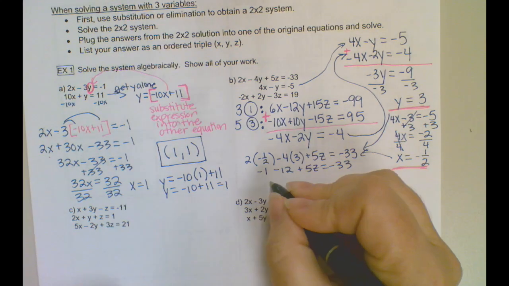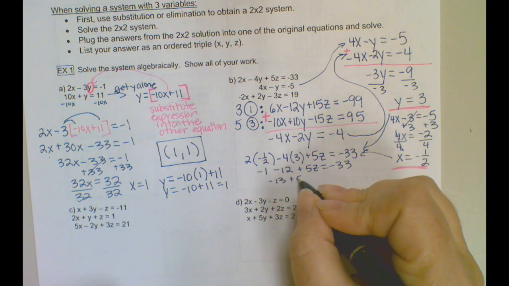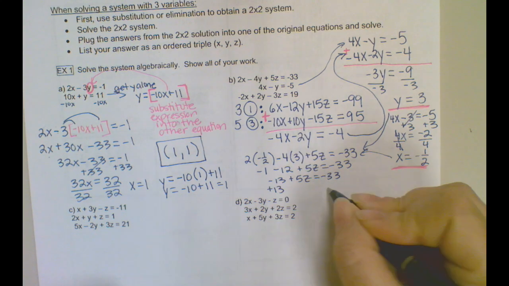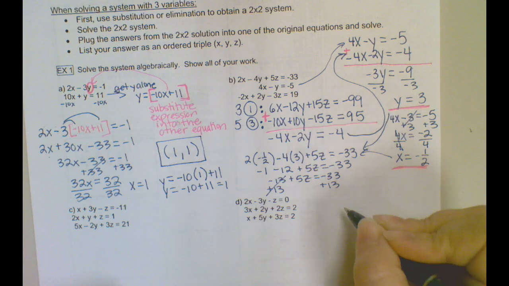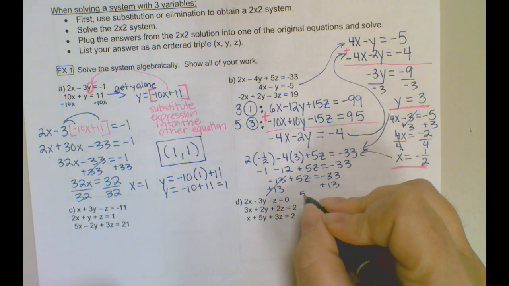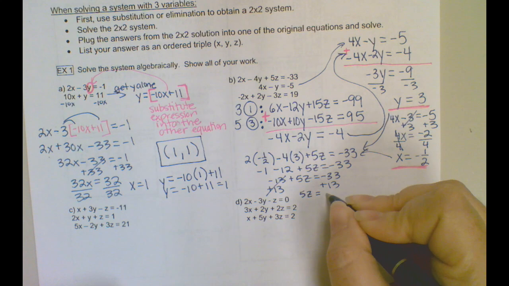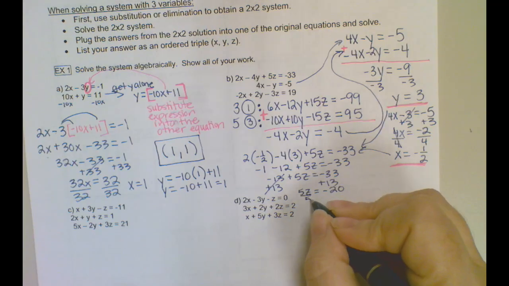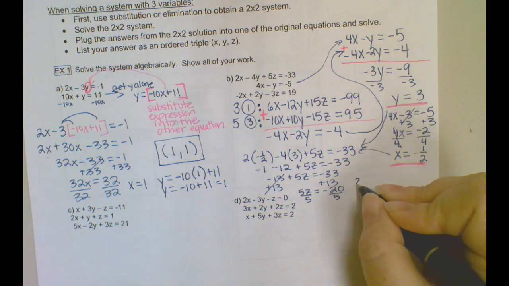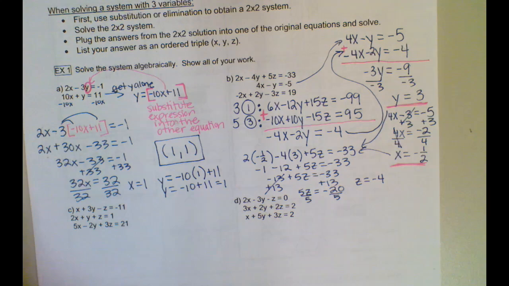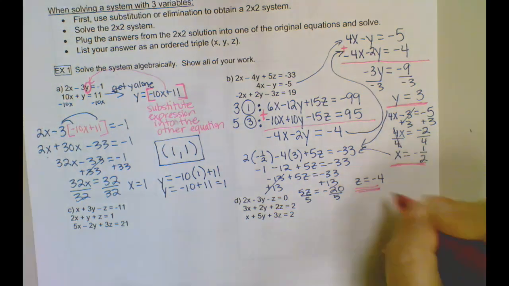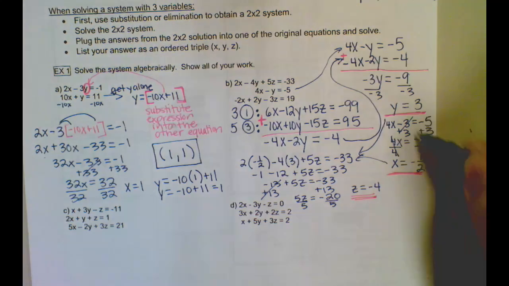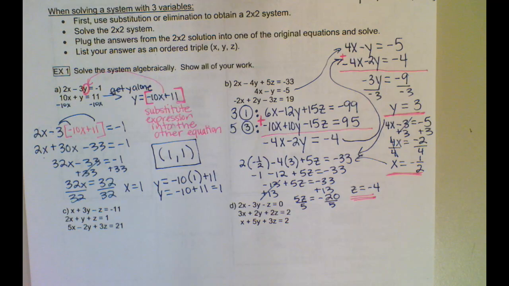Negative 1 and negative 12 gives me negative 13. And so then solve for z. First by adding 13 to both sides. That gives me 5z equals negative 20. And z equals negative 4. So I have all 3 variables and what their values are.